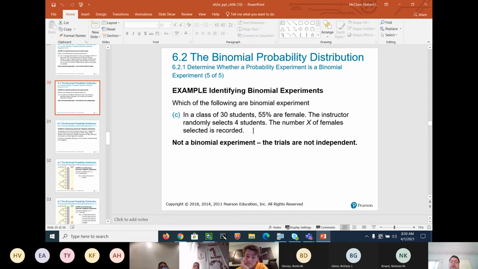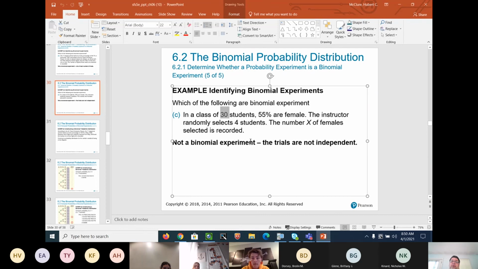Well, you cannot do this without, in other words, if I pick 4 students, what's left of the pool? 26. And then what if I pick 4 more students, what's left of the pool? 22. So each time I pick 4 students, what happens to the probability for the next one?